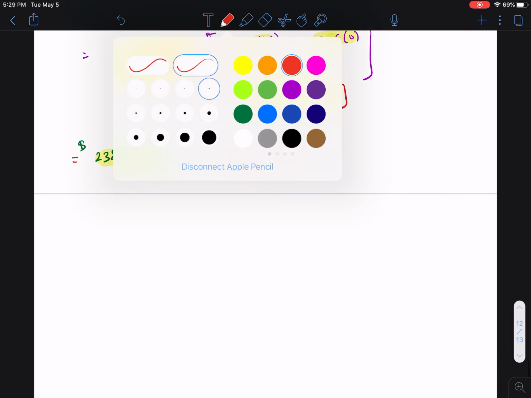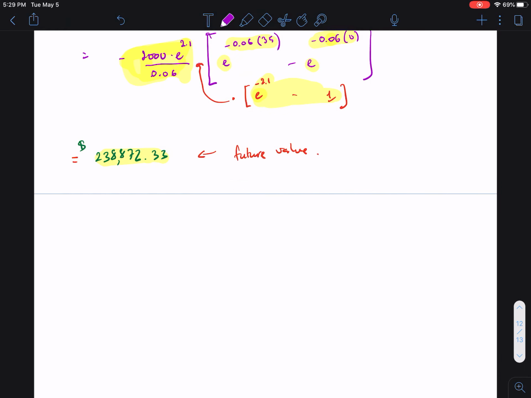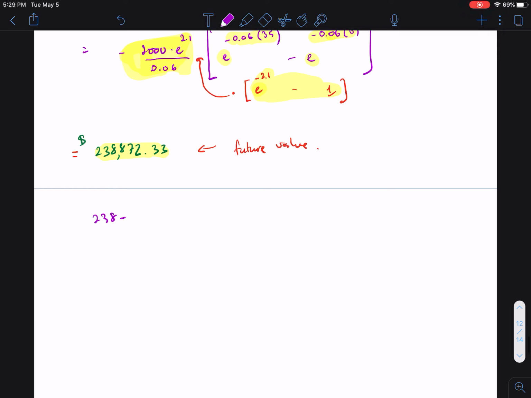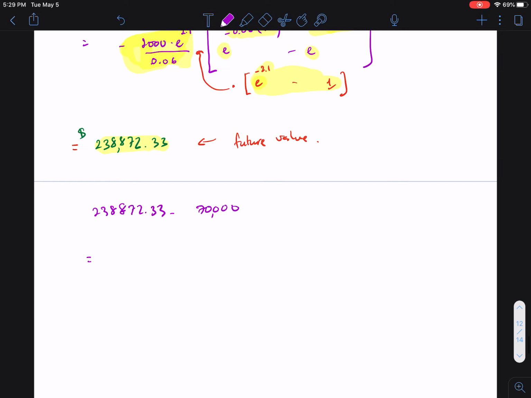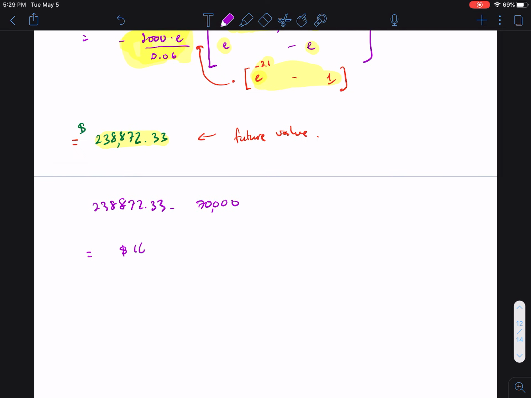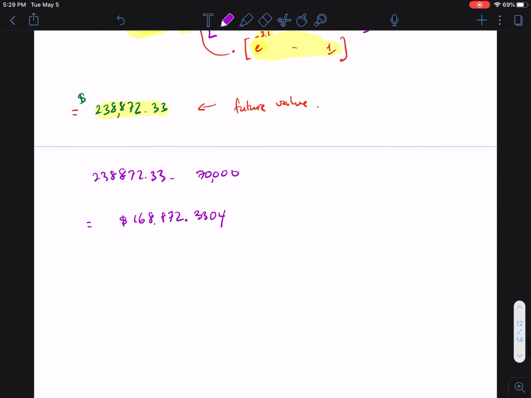So what we want to do is take this amount, 238,872.33, minus the total deposit of 70,000. That's going to give us 168,872.33.